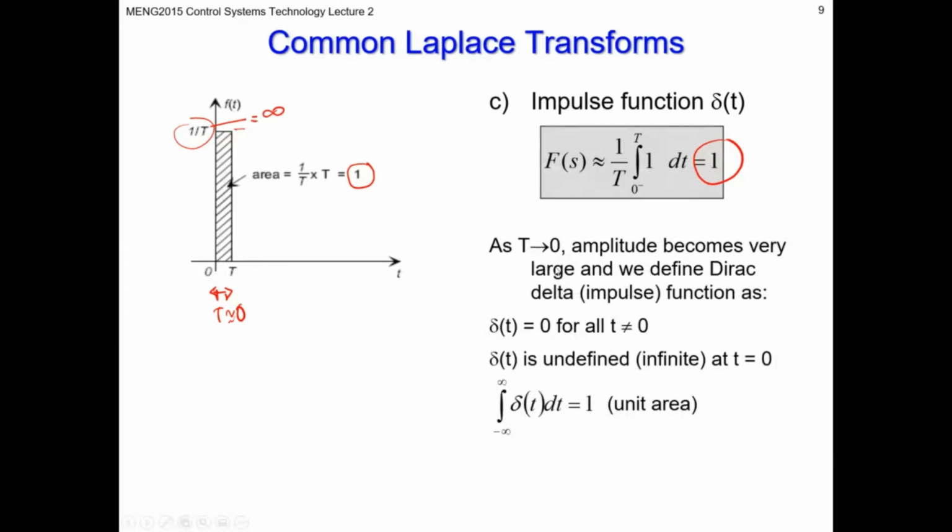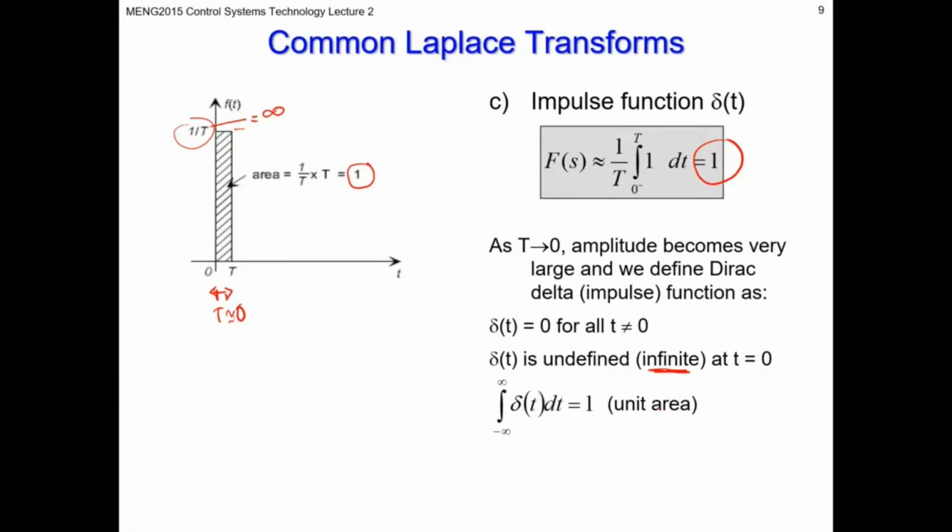As I said, as t approaches 0, if it's infinitesimally small, then the amplitude becomes very large, and we define this Dirac delta impulse function. This is how we define the impulse delta as a function of t: equals 0 for all t that's not equal to 0. But when t does equal 0, so at 0 time, we get a value for this Dirac delta function, and for that moment, this value is infinite.